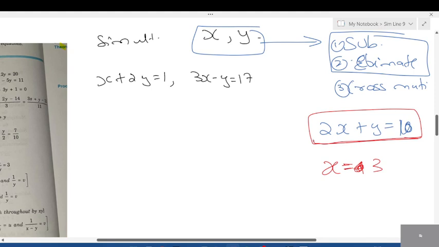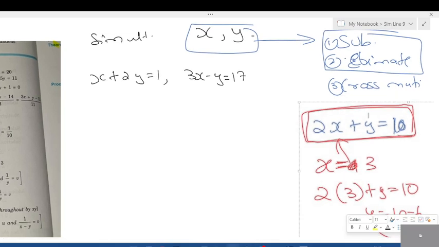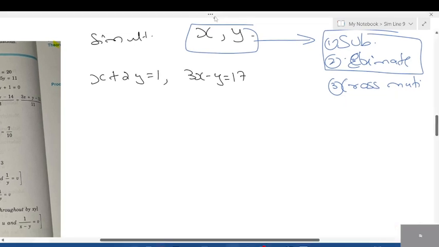In the main equation, which value do we have to replace? The x value is given. Can we replace this? 2 into 3 plus y equals 10. 2 threes are 6, it will go to the other side. Is this clear? The meaning of substitution is just to replace the value.